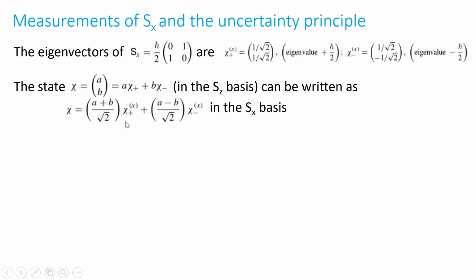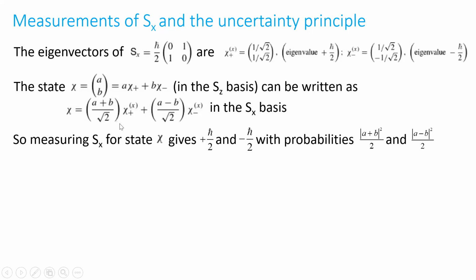But what does that tell us? Well, like from before, we know that if we express the state in terms of a basis, and Sx is an observable, so this is a complete basis, we can express any function. There are two eigenstates for Sx, so there are two possibilities for measuring Sx in the state chi: either one of the two eigenstates, which have eigenvalues plus h bar over 2 or minus h bar over 2.